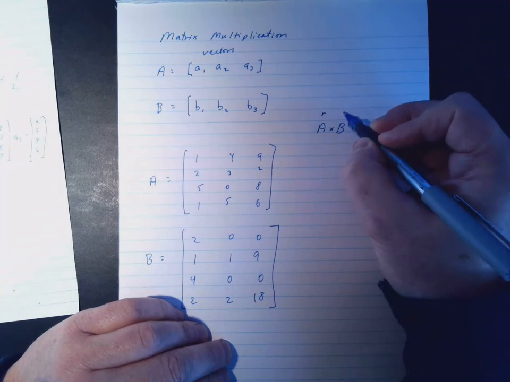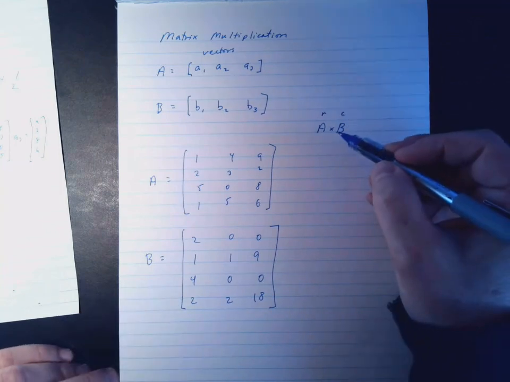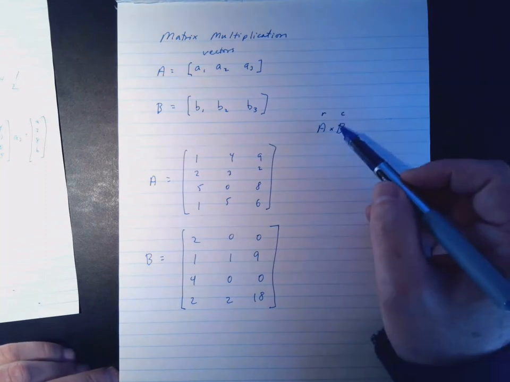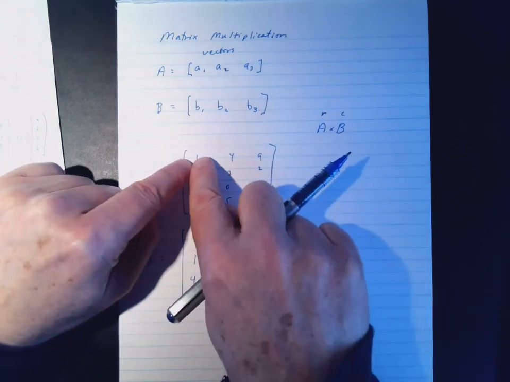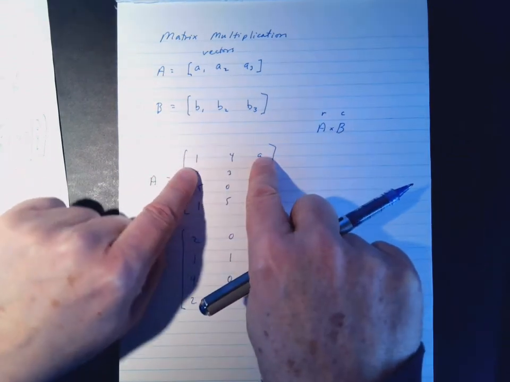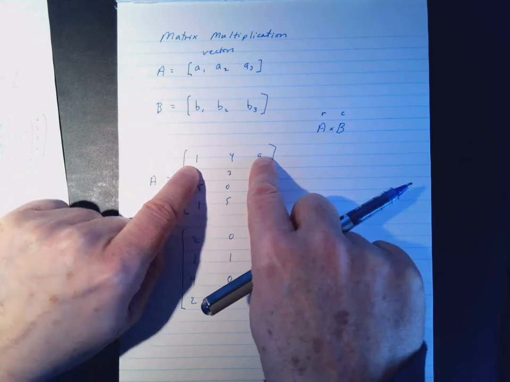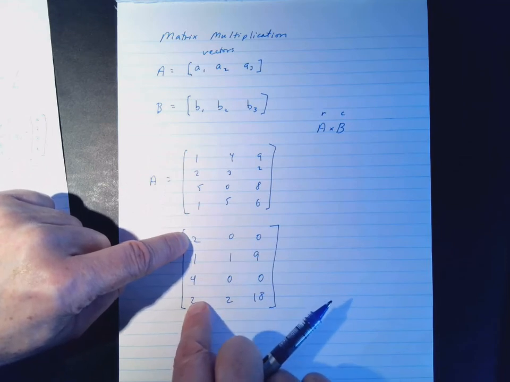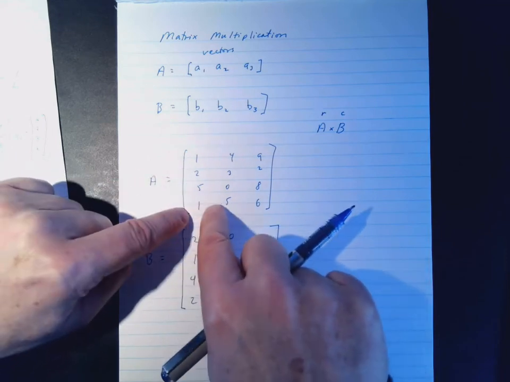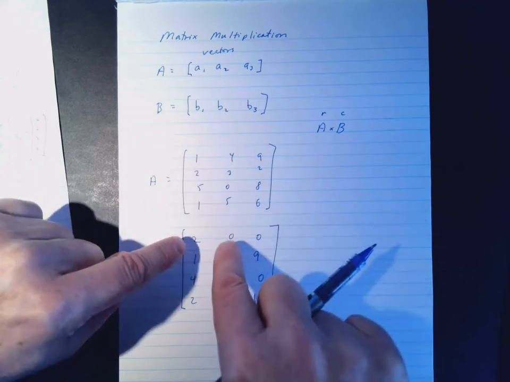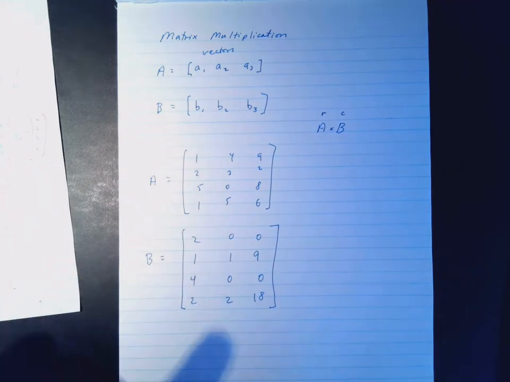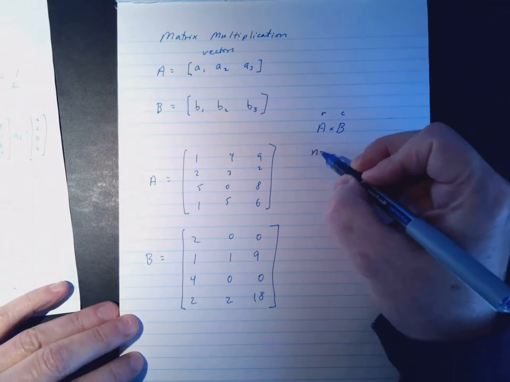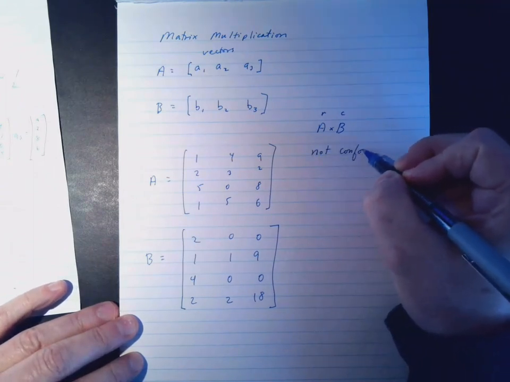The problem, if we try to form the dot product, is we have 3 elements in the first row of A, and we have 4 elements in the first column of B, so that doesn't work. And also we have 4 rows in A, and we only have 3 columns in B. So we would say that that is not conformable.